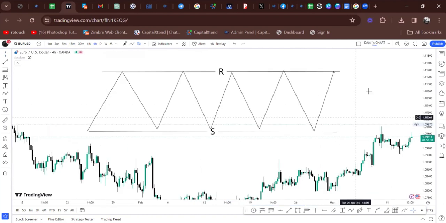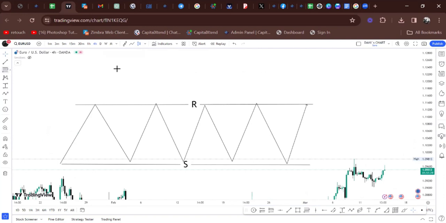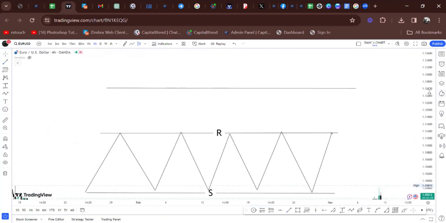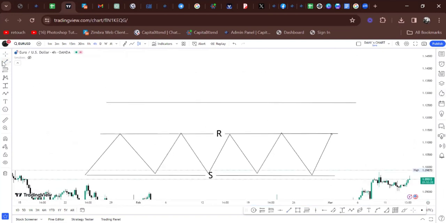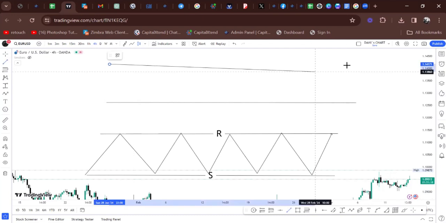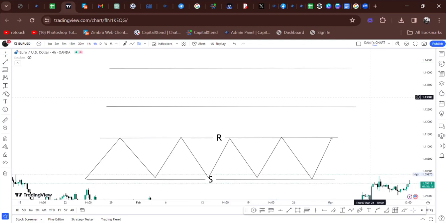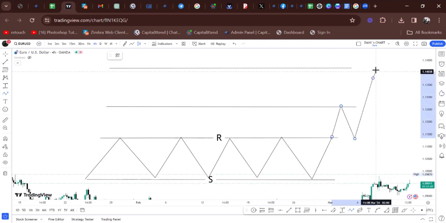Now, this is the format in which markets move. Let's draw another line up here. So what happens is price goes up, comes back down, goes up, comes back down, goes up.